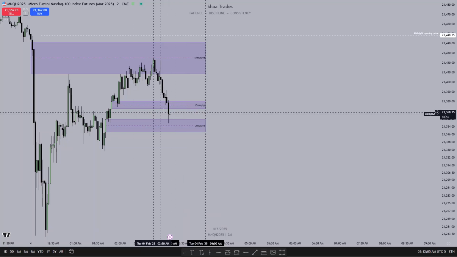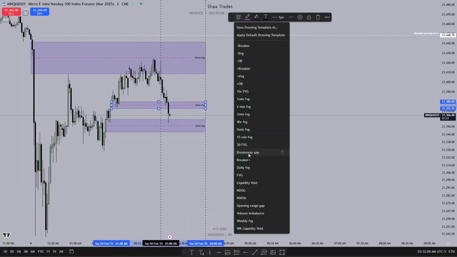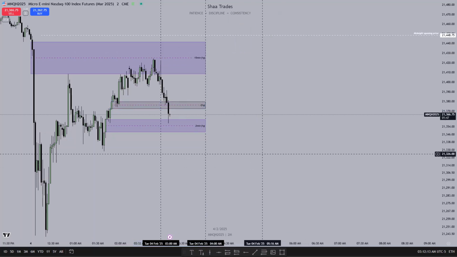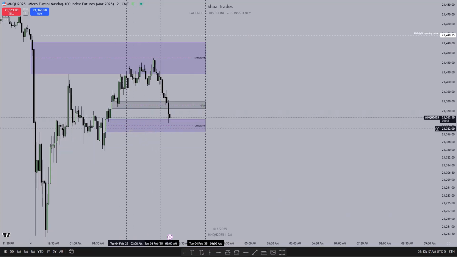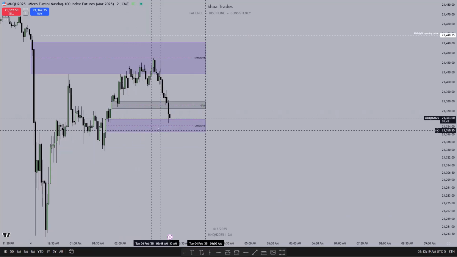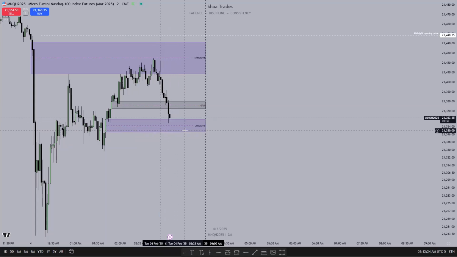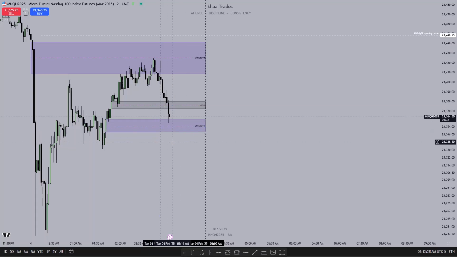Okay, so you see how it trades below here. Now this became an inversion because it closed below this candle, but I'm waiting for this 2-minute to be broken. Then we'll look to go short.